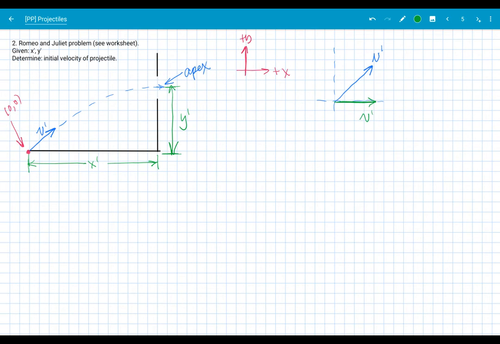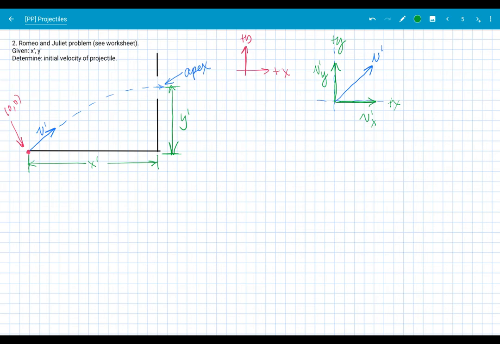So here's v prime x, and then there's a vertical or y component, v prime y, and I'm going to remind myself that positive y is upwards and positive x is to the right. And so that just allows me, when I need to grab those components later on in my algebra, when I look at that picture, it connects my brain to not just the letters, but what those letters mean in space. And we want that connection in order to be able to do our work well.